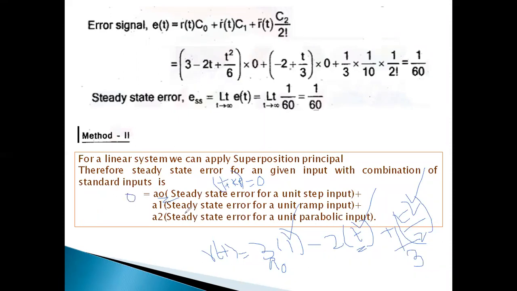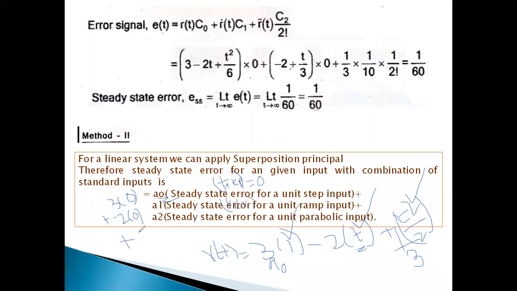For second term, again 1 by Kv when the input is unit ramp. Kv is also we have already obtained, that is infinity. So 3 into 0 first term plus second term minus 2 into again 0, since Kv value is infinity, steady state error in that case is 0. Again second term becomes 0.